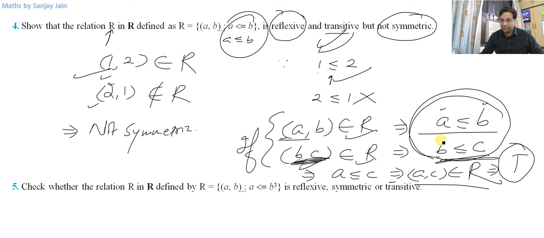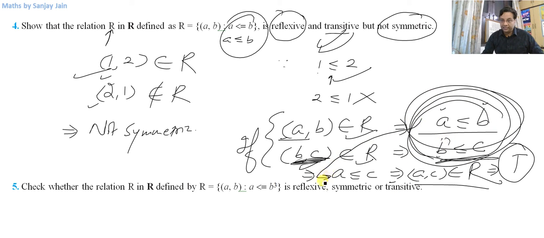And if A is less than or equal to C, it satisfies this relation. So (A, C) will be in this relation R. The presence of these two implies the presence of this, hence this relation is transitive.